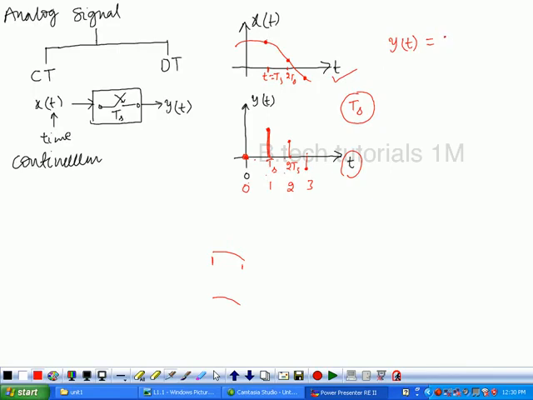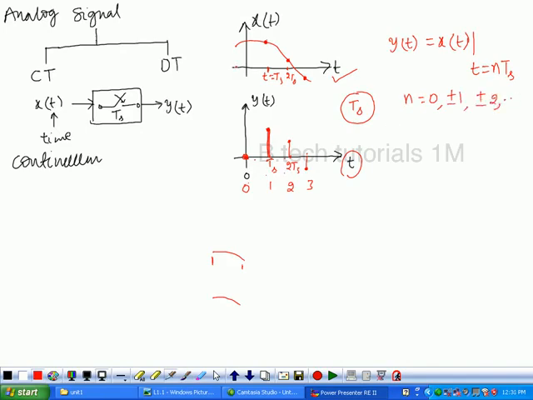Follow? Or otherwise, we obtain this y(t) by simply substituting t with nTs, where n may be 0, plus or minus 1, plus or minus 2, and so on. This side also.